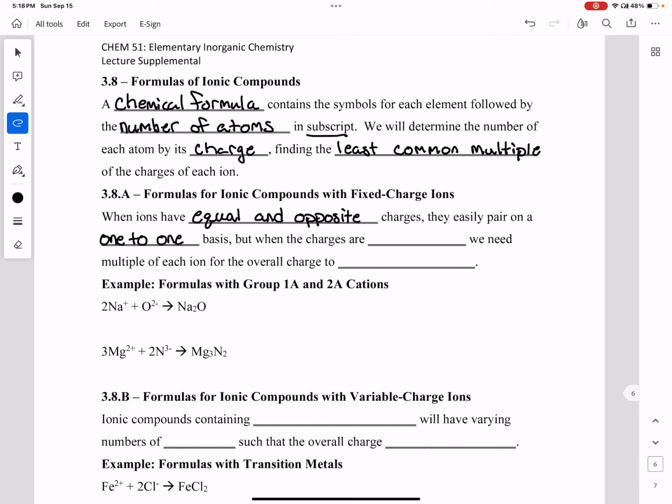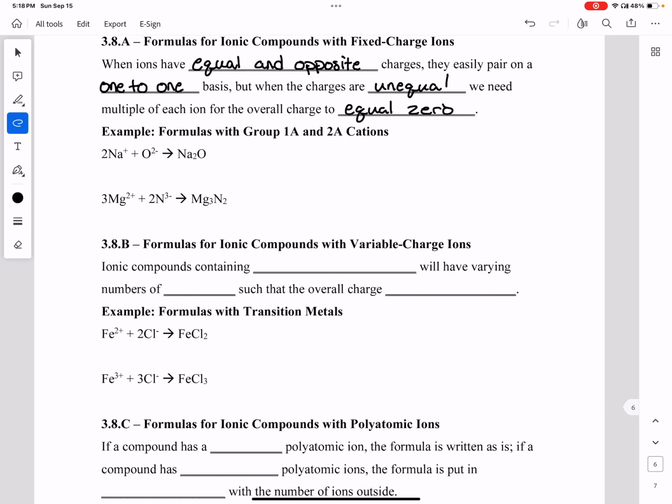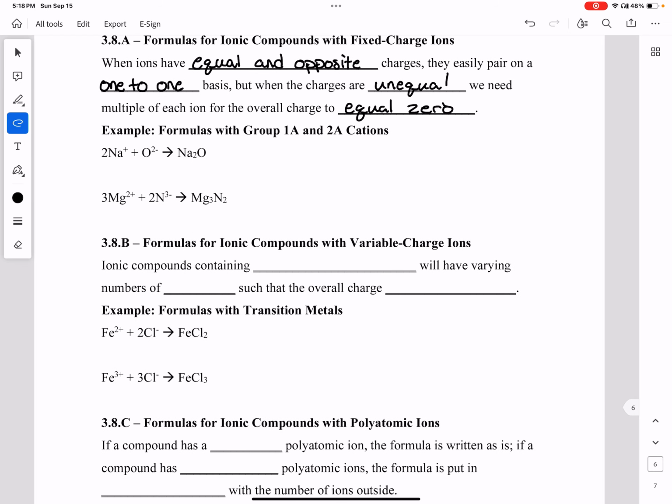But when the charges are unequal, we're going to need multiple of each ion for the overall charge to equal 0. So let's look at some examples, or one example, and then the next concept.